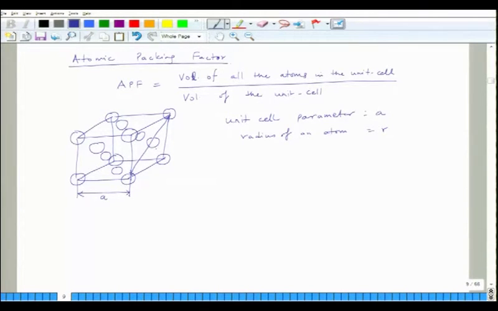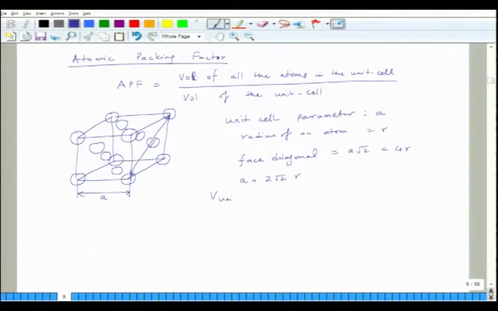If they touch along the faces, then what is the relation between R and A? So, the face diagonal length is equal to A root 2. This is 2R, this is 1R, this is 1R. This becomes equal to 4R. So, A is equal to 2 root 2 R.